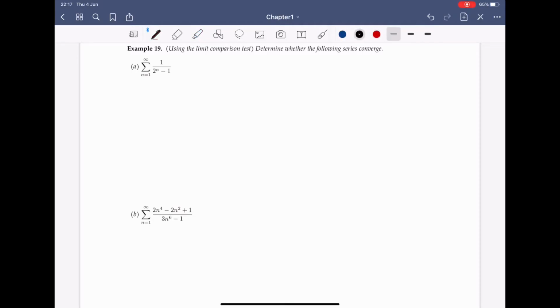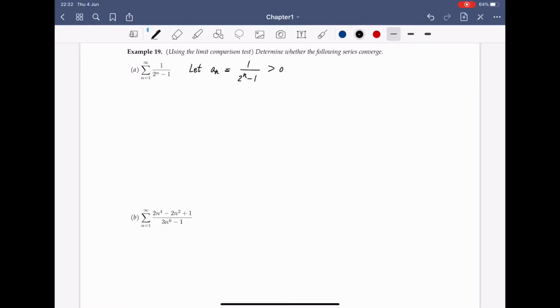We have summation of 1 over 2 to the n minus 1. For here, I am going to let my a_n be 1 over 2 to the n minus 1. Clearly this is a series with positive terms, right? Because once you plug in n equal to 1, n equal to 2, and so on, the term a_n always ends up positive.